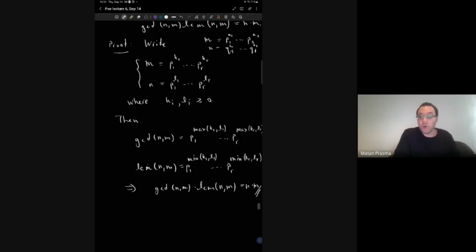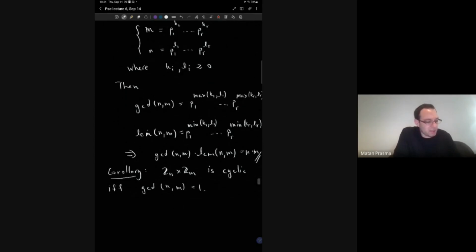Okay, so what can we do with this lemma? This is the following corollary. Zn times Zm is cyclic if and only if GCD of N and M is equal to 1.